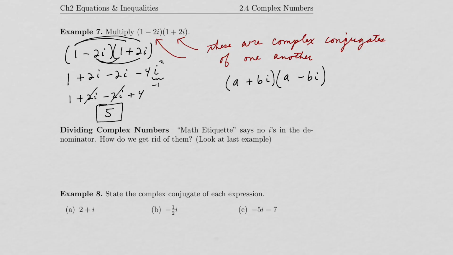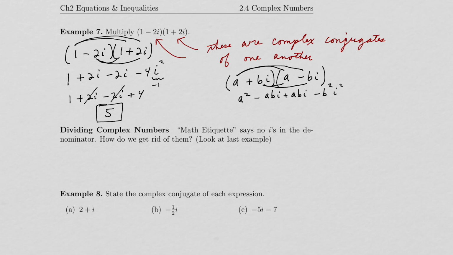And notice what happens if I multiply these two together. So I'm multiplying a number by its complex conjugate. I'm going to get a times a, which is a squared, a times negative bi, which is minus abi. Then I have positive bi times a, which is positive abi, and it doesn't matter the order. And then bi times negative bi, which is negative b squared i squared.